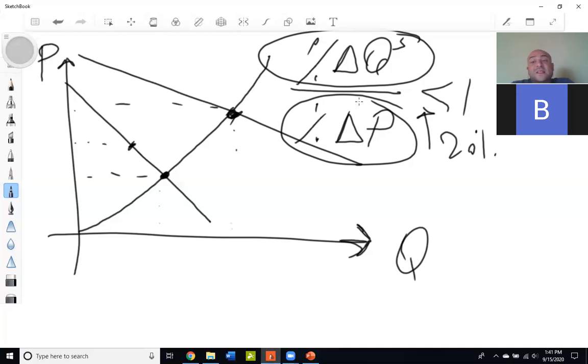Our quantity of supply, this is not about demand here. This is about the supplier's ability to meet the demand by producing more. How much will it increase? More than 20% or less than 20%?